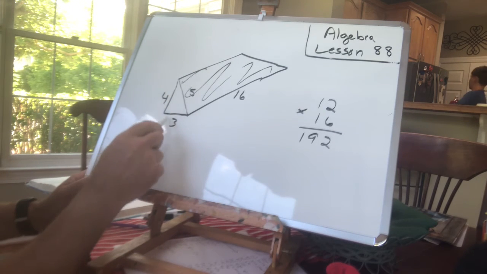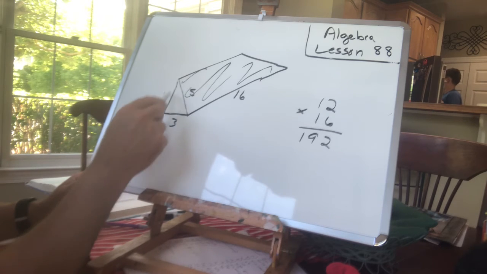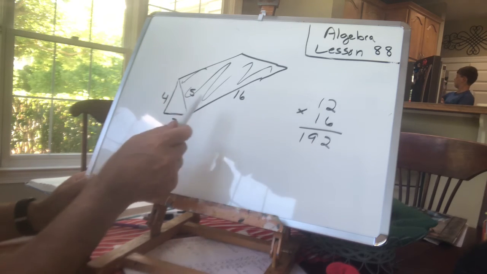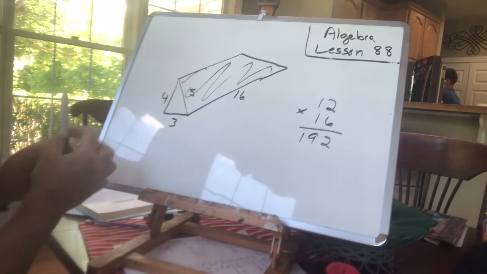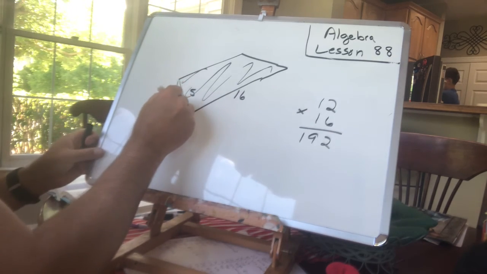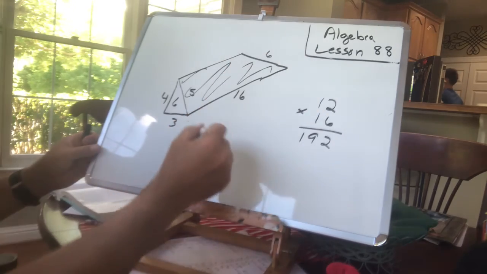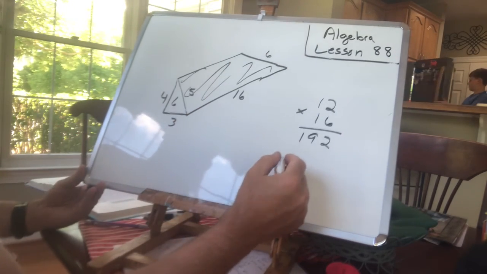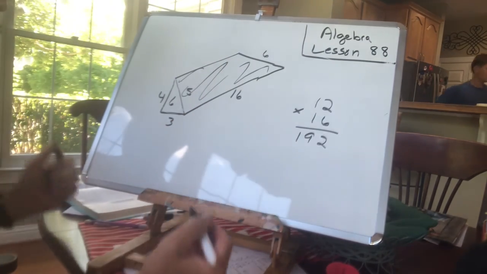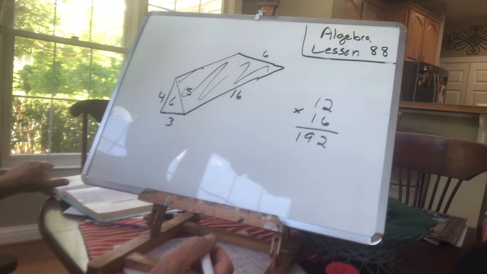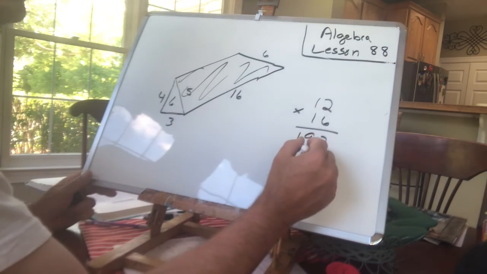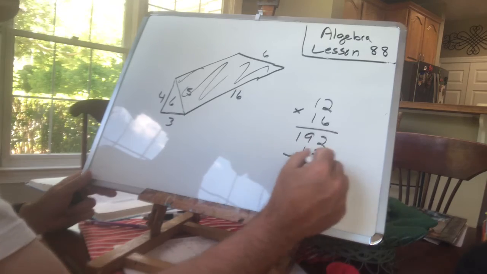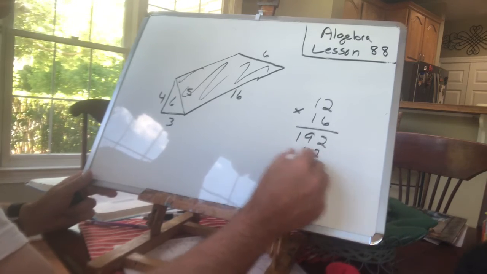So the area of this one would be half of base times height, which is 12. Half of that is 6. So the area of this one would be 6, and the area of this one over here would be 6, for a total of 12. So the total surface area of that figure right there would be 192 plus 12, which would be 204.